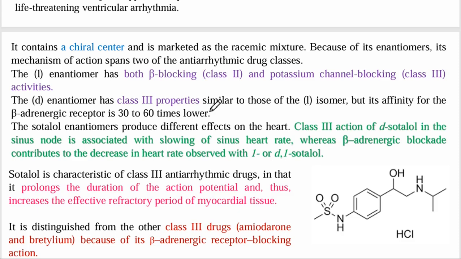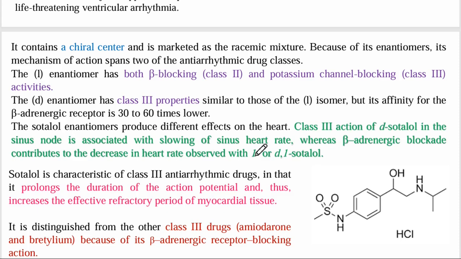This is due to which the beta adrenergic affinity of the d-isomer is 30 to 60 times lower and produces different effects on the heart. Now, in this, the sinus node is associated with slowing of the sinus heart rate, whereas the beta adrenergic blocker contributes to decrease in heart rate observed by the L-sotalol. So, generally, this is the marketed preparation of the racemic mixture.